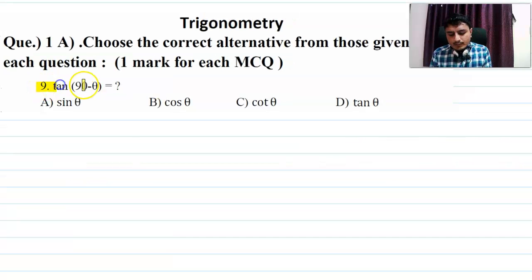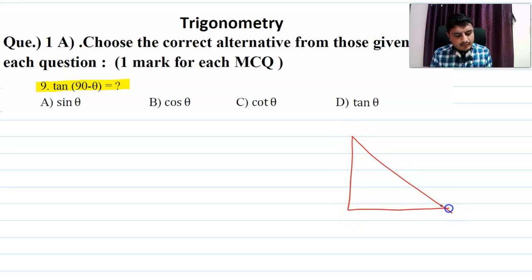Look at MCQ number 9. We have tan of 90 minus theta is equal to? Consider a right angle triangle ABC. In it, angle C equals theta, so definitely angles A and C are complementary angles of each other. So the value of angle A is 90 minus theta. We have to evaluate tan of 90 minus theta.